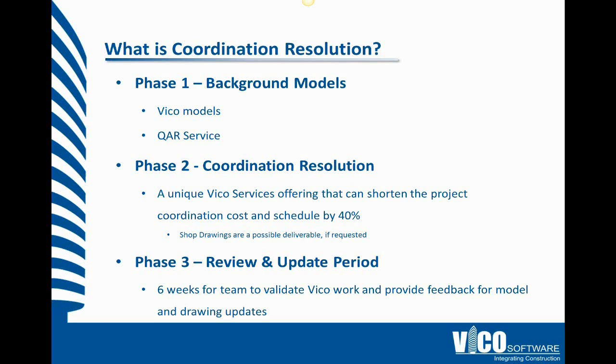Hopefully everyone was able to see Don's webinar, so we won't repeat it too much, but we go through and make sure that the design models you have available are good for use during coordination, and if there are any updates needed, we can make those for you, document them, and move forward with the coordination. That's what we're calling Phase 2 in this offering.